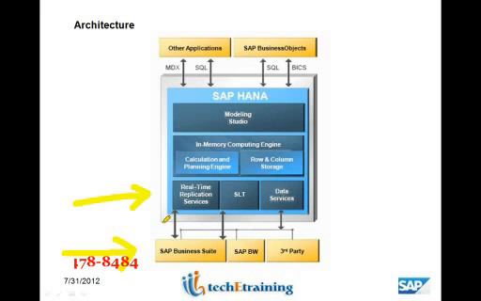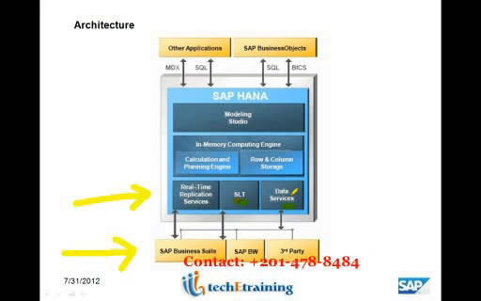One, on the left-hand side, is the real-time replication services, from the Sybase replication. The second one, in the center, is the SLT, which stands for SAP Landscape Transformation. And the third one, on the right, is the Data Services from the SAP BusinessObjects Data Services.